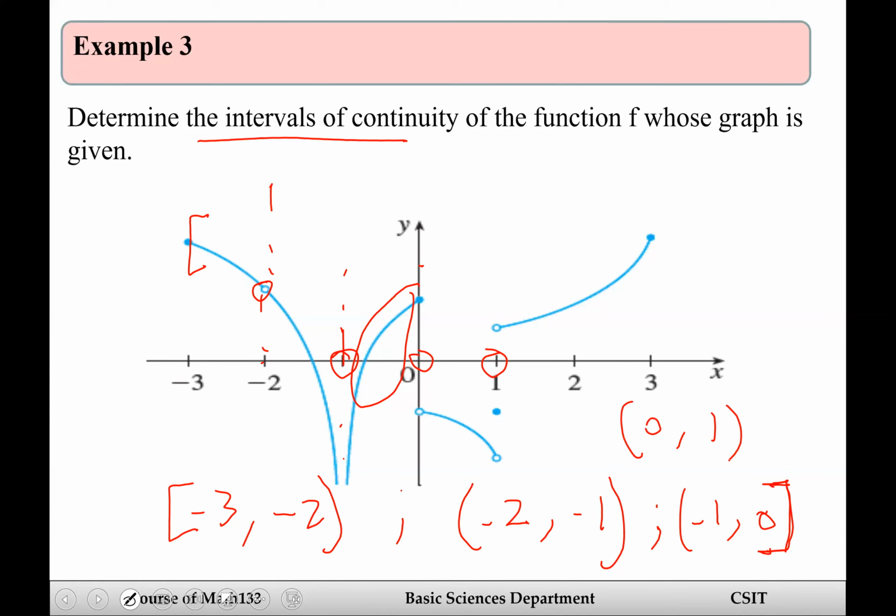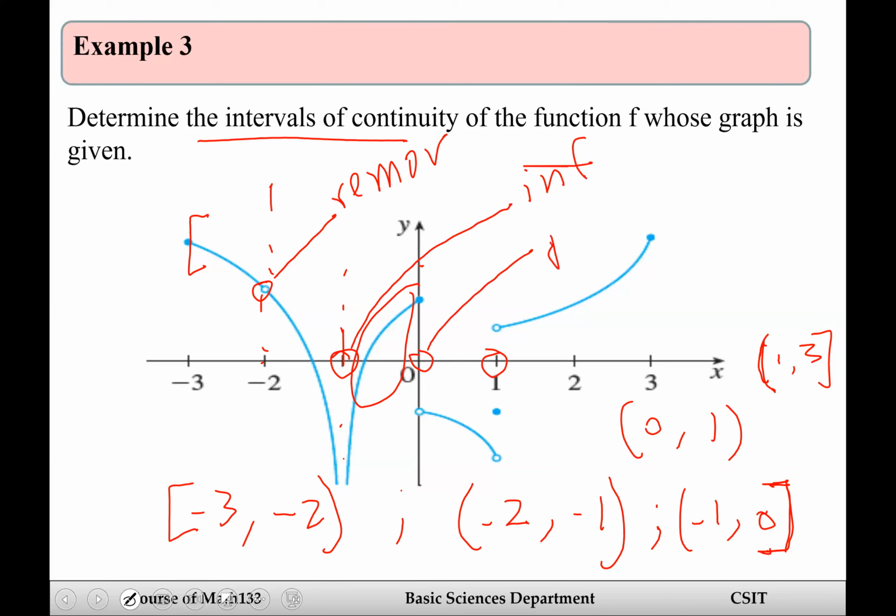So (0, 1), and the last one is (1, 3], and 3 closed because this is the endpoint to the right. Okay, now this is removable. This discontinuity is infinite. This discontinuity is jump, and this one also jump. So two jump discontinuities.